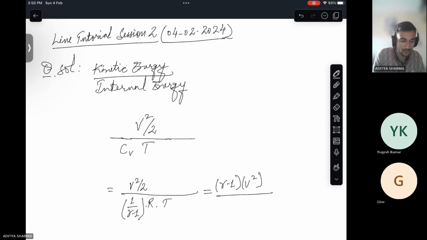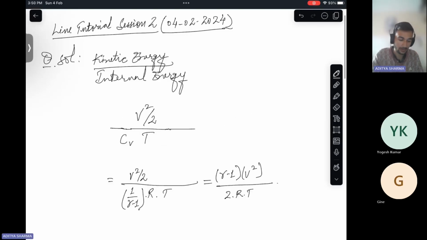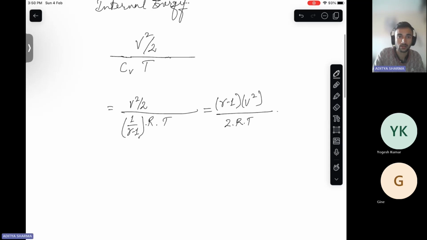Okay, so this was it. We reached this point. But then what is given in the question? We have been provided with Mach and gamma. Mach equal to 5, and gamma is 1.4.